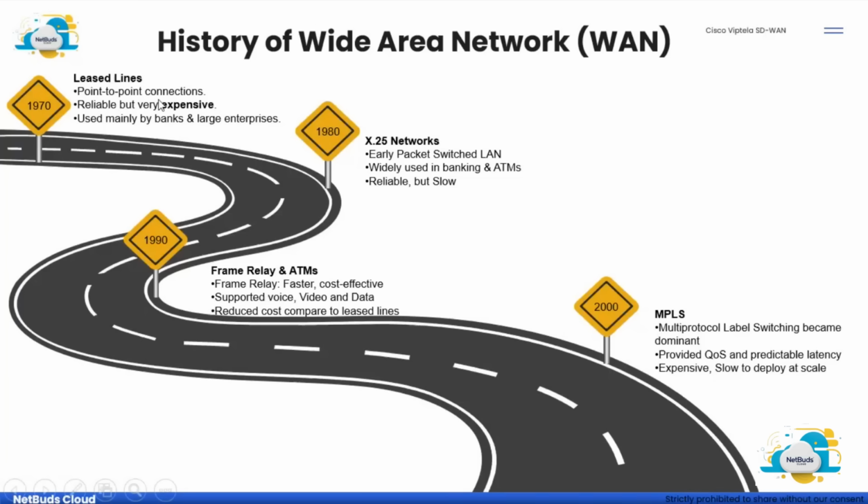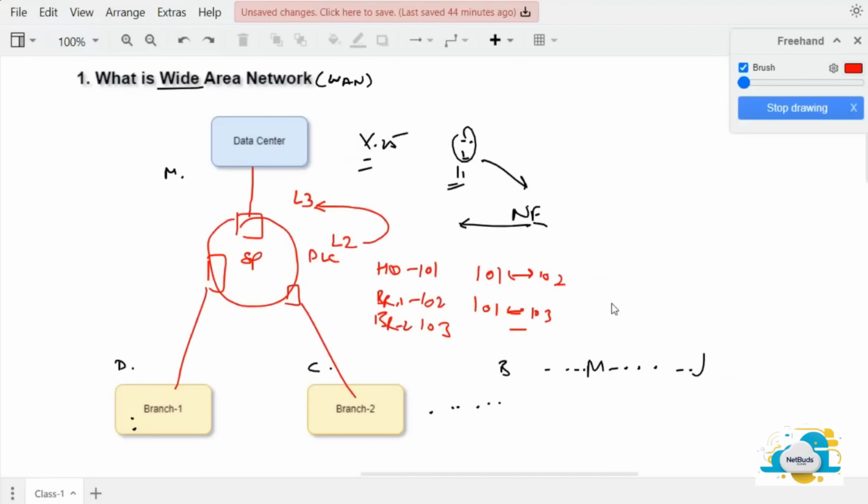But leased lines are also available even today, and I have seen them in many organizations. MPLS is changing the complete infrastructure, the complete networking domain. So let's discuss how exactly things are there and how it works. It came in 2007.